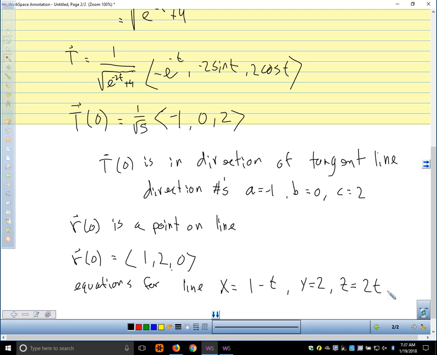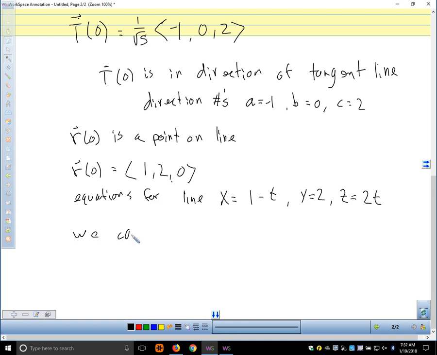Now, a more compact way of expressing that tangent line is that we could write the vector equation of the tangent line at t0 as a function of t is r of t0 plus t times T at t0.